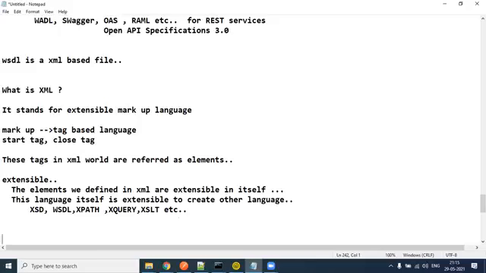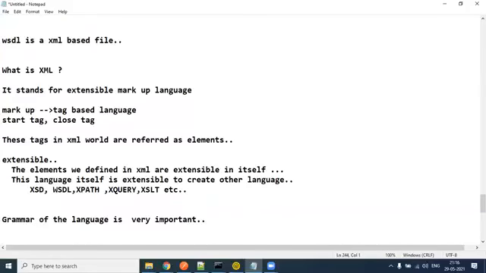Now, whenever you want to learn any language, knowing the grammar of the language is very important. If you remember our school days, there used to be English grammar and English literature. So grammar of the language is very important. Programming, whatever we do, is eventually nothing but languages, but the only difference is those languages are understood by the machine.